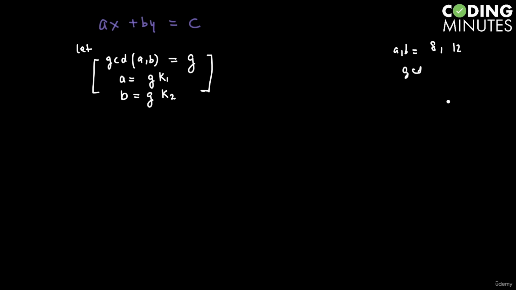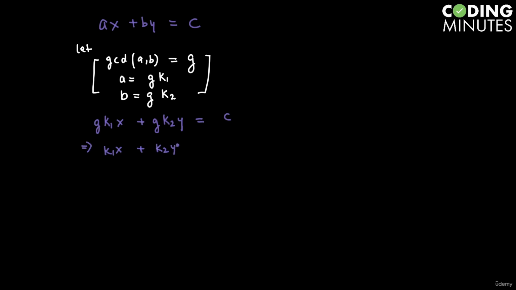If I replace the values in the equation, I can write it as g times k1 x plus g times k2 into y equal to c, or I can say k1 x plus k2 y is equal to c upon g.